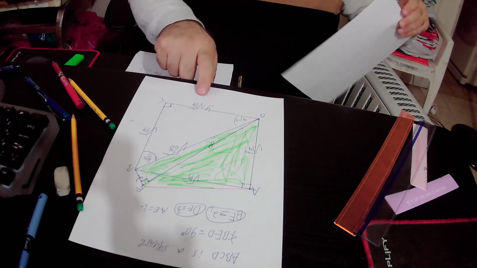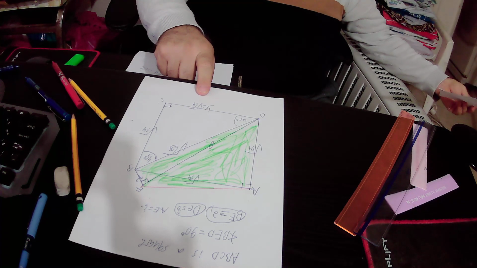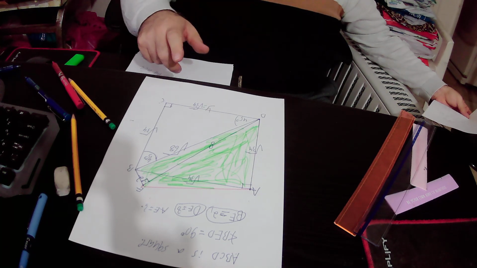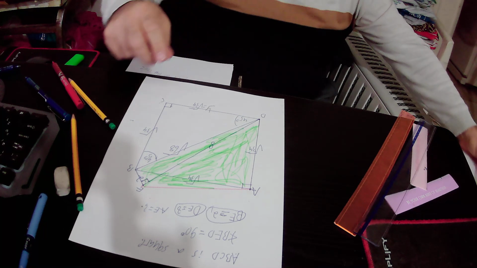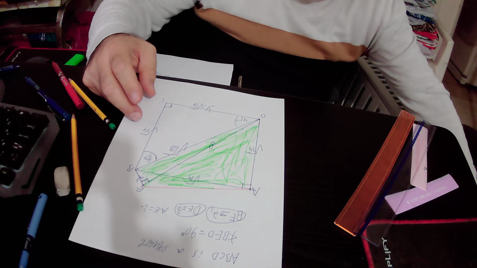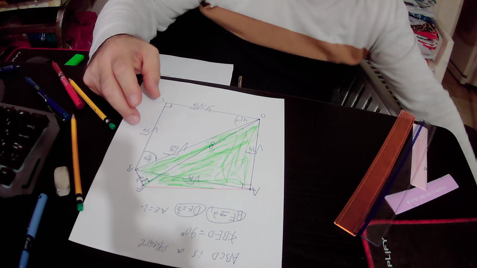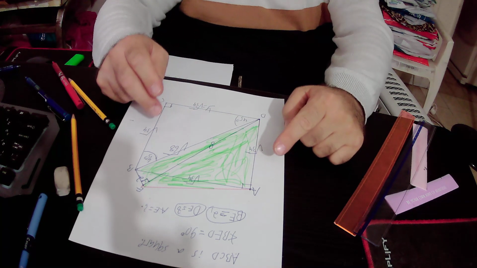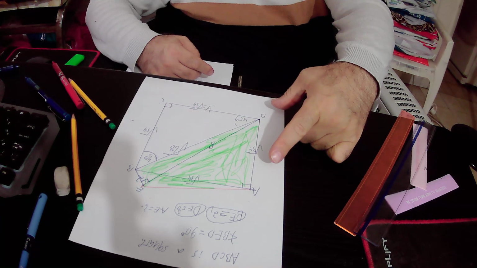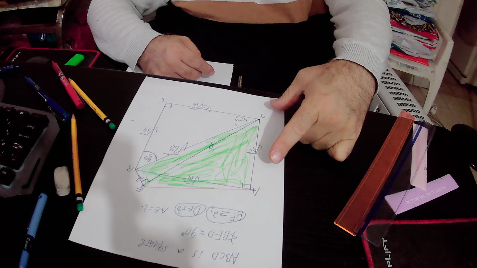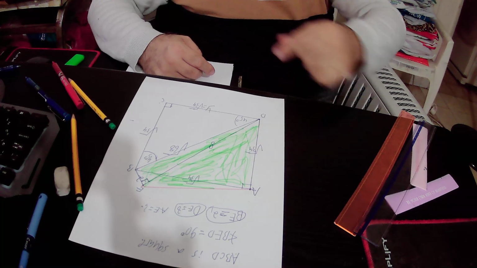So Y equals the square root of 34 units, and all the sides of a square are equal to each other, so PC also equals the square root of 34, AB also equals the square root of 34, and AD also equals the square root of 34 units.